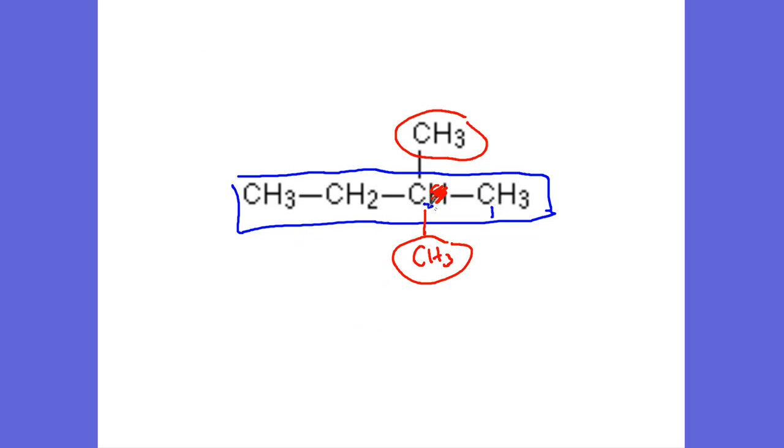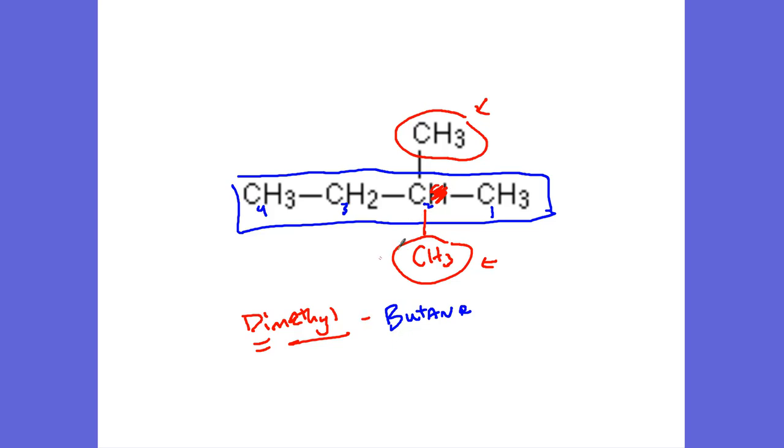First carbon, second carbon, third carbon, fourth carbon, which means that the parent chain is butane. Now, how many methyl groups do I have coming off? I have one methyl group and another methyl group, which means I call that dimethyl. 2 methyl groups. Dimethyl.